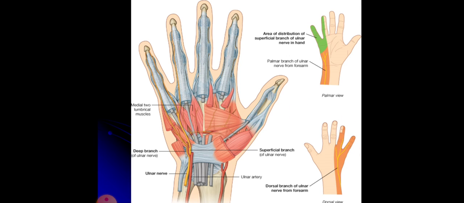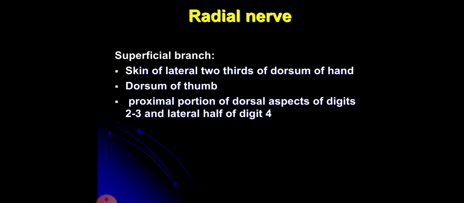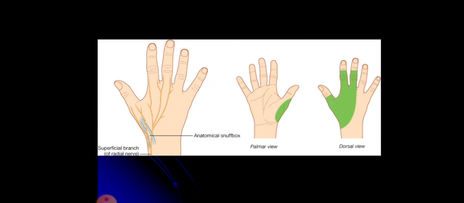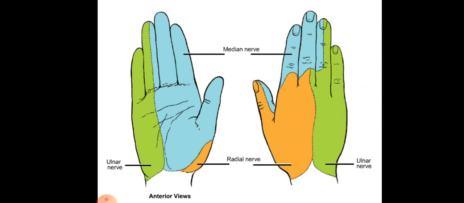This is a summary of innervation. The 1.5 fingers on the palm and the dorsum, and the medial third on the palm and the dorsum of the hand. This area colored by green is supplied by the ulnar nerve.